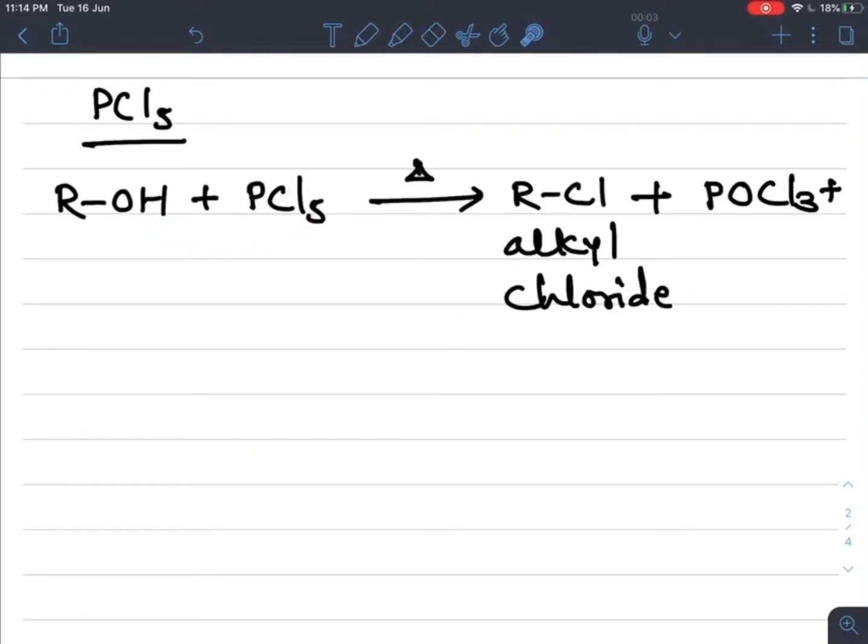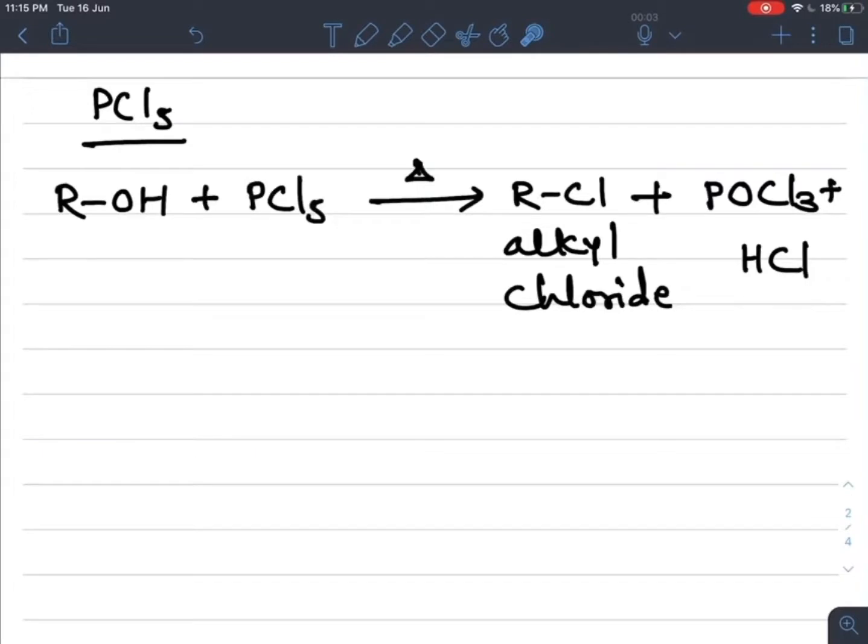So here we get the balanced equation. If you observe, only one molecule of alcohol when treated with PCl5 gives its corresponding one molecule of alkyl chloride, that is RCl, with one mole of POCl3 and HCl.